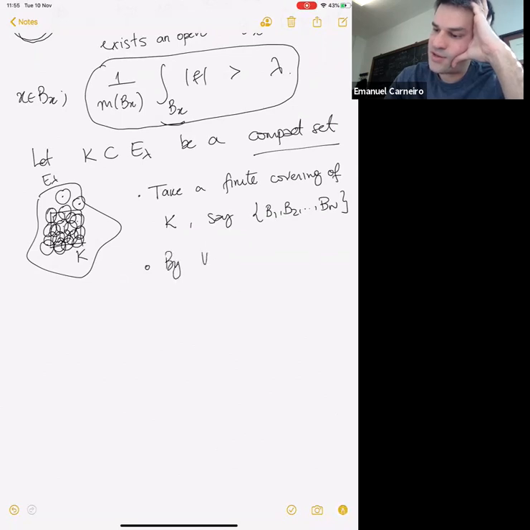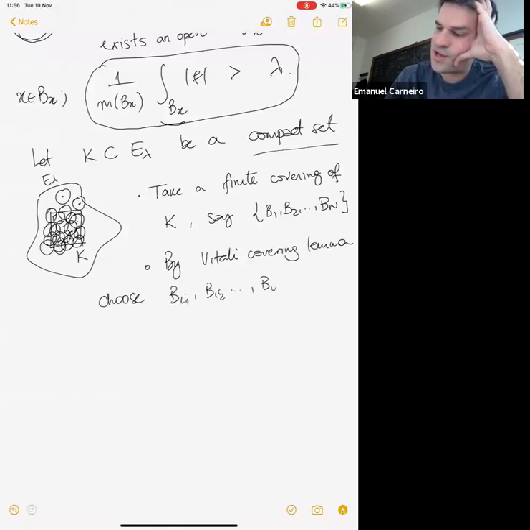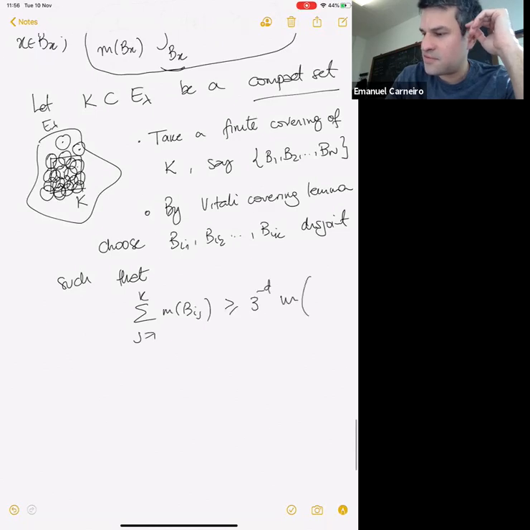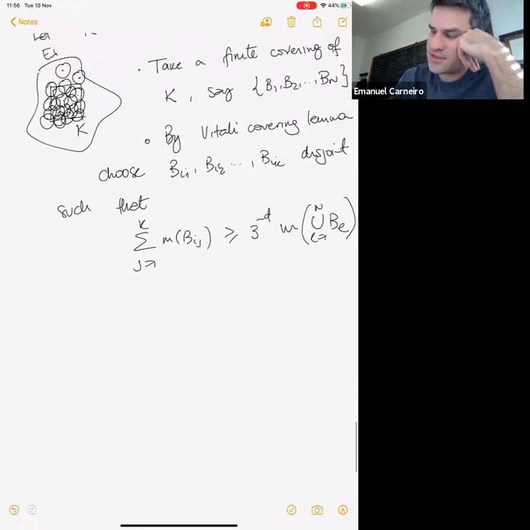So by this Vitali covering lemma, choose B_i1, B_i2, up to B_ik, disjoint, such that the sum of the measures of these B_ij's, j from 1 to k, is bigger than or equal to 3 to the minus d times the measure of the union of the Bi's, right? Now let's rewrite this thing.